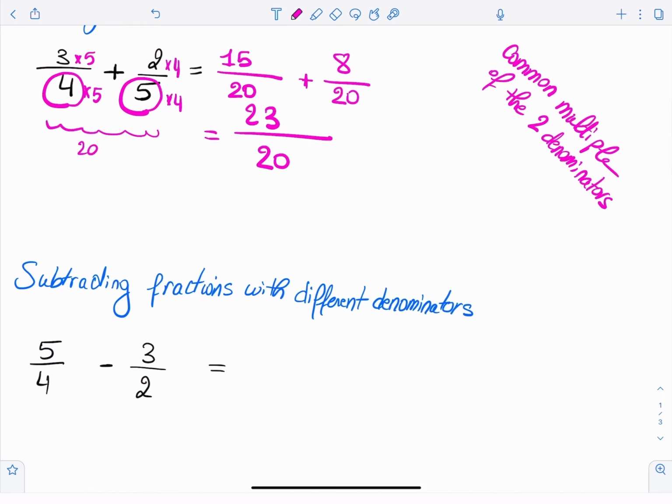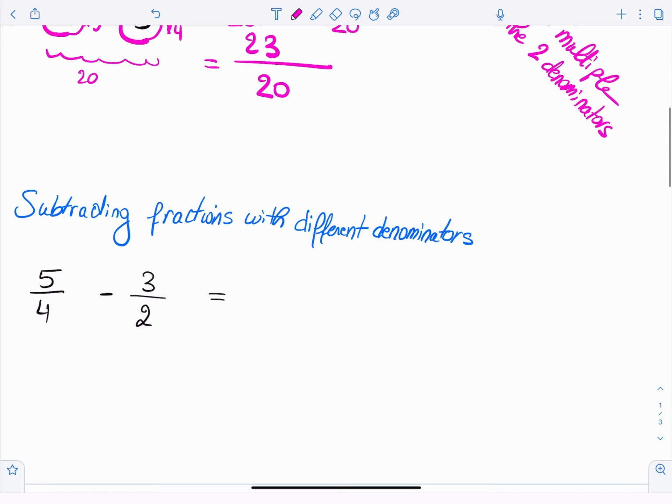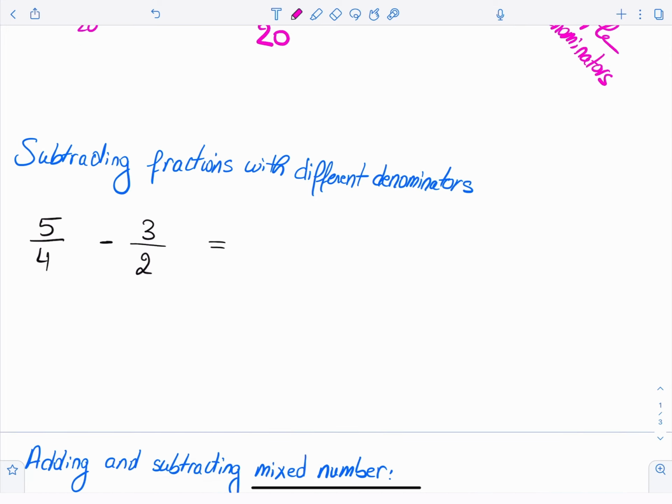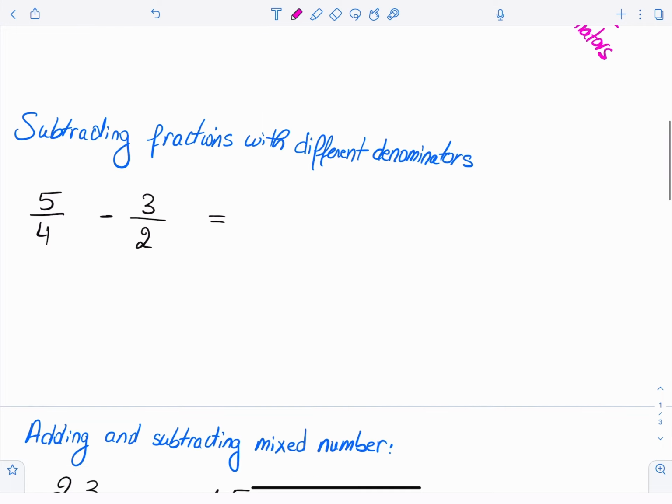Now, if we need to subtract fractions with different denominators, the same process, but we just need to subtract instead of add. What we need to do, we need to look to have the same denominator. Here, you need to notice something. If you look here, you have the 4 and you have 2.